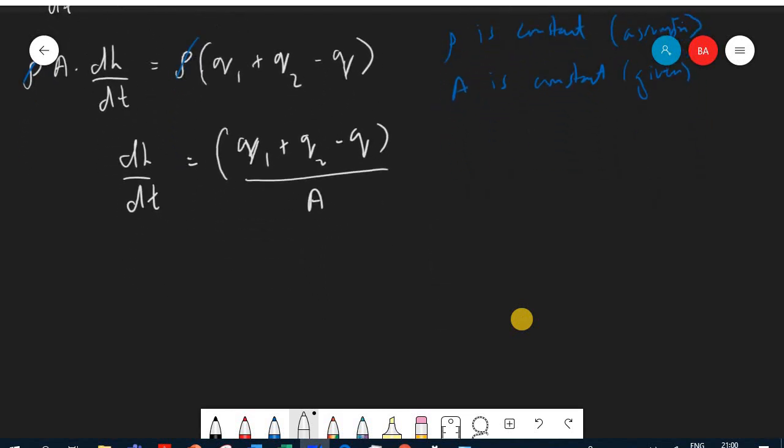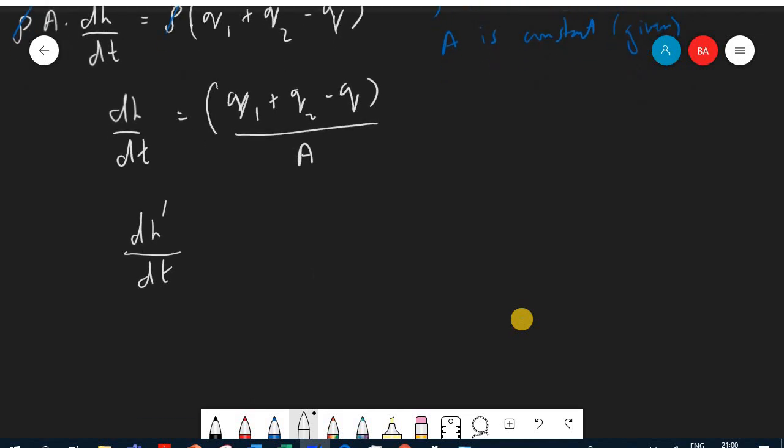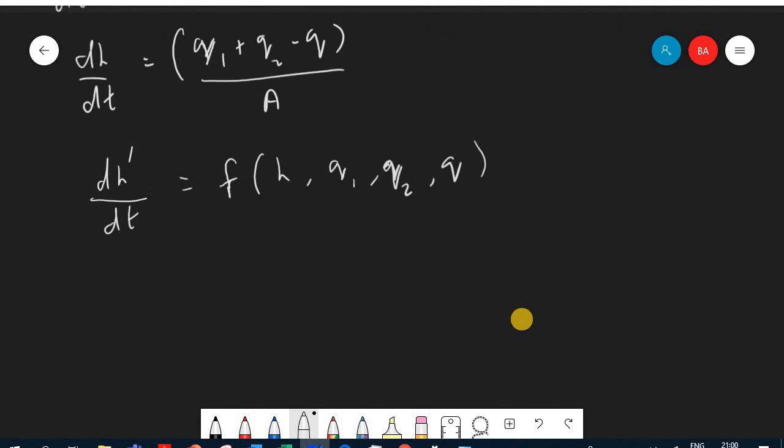I want to find the relationship between H and Q1. So this is how I'm going to start linearizing and putting it in deviation form, where dH prime by dt is a function f of the state variable, and the state variable here is H, and the rest of the inputs are Q1 and Q2. Q is also part of the input factor, because it is related to the pump and it does not depend on the head pressure.